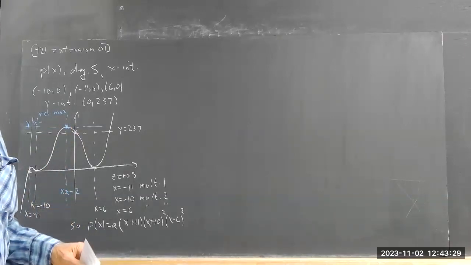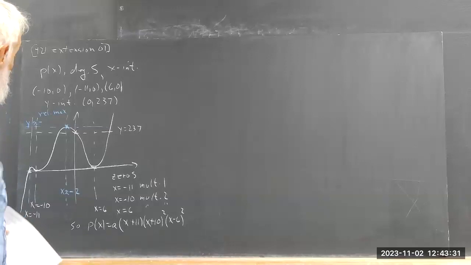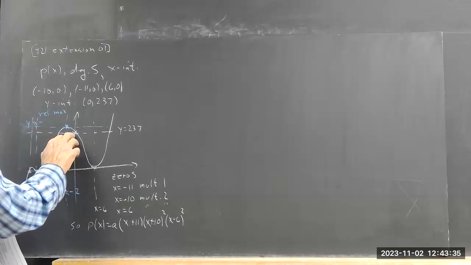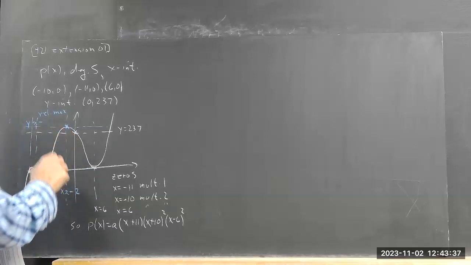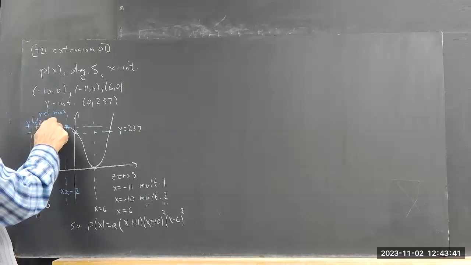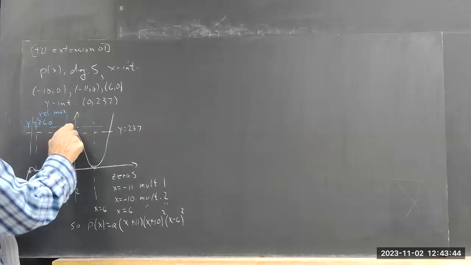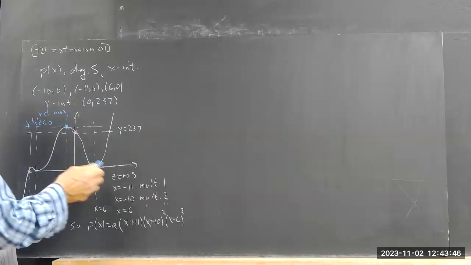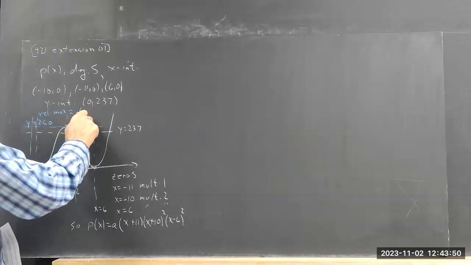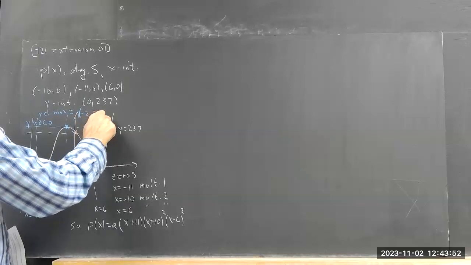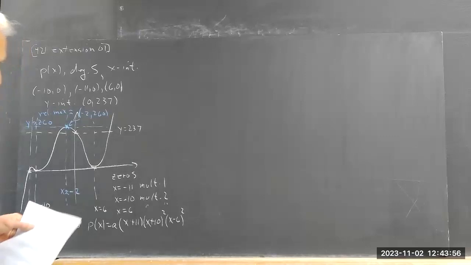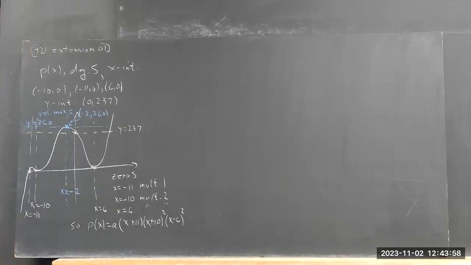I think it's more like -2.5, but I don't want to use fractions. And if this is 237, then I'd say this is y approximately equal to 260. The relative maximum is estimated at about 260.